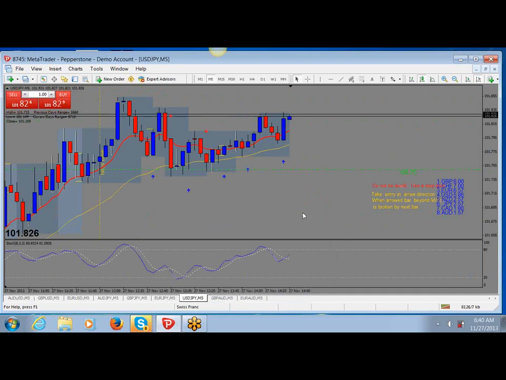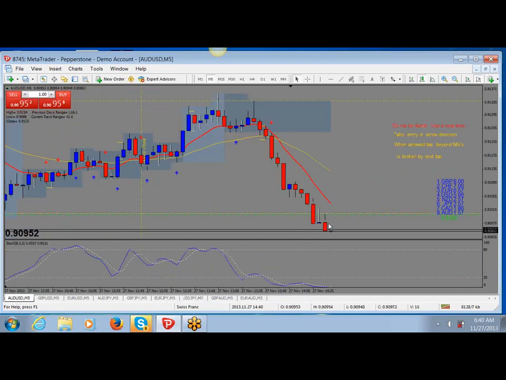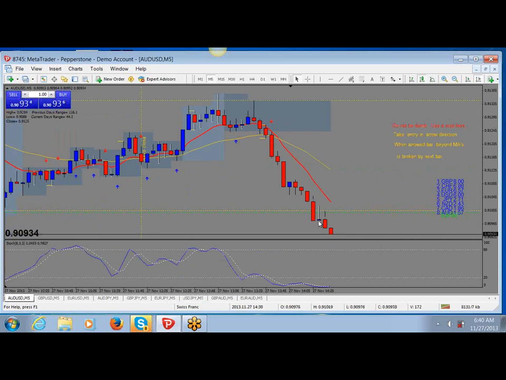What pair was that? The Aussie dollar here is the inside bar. I was going to take that and I missed it.